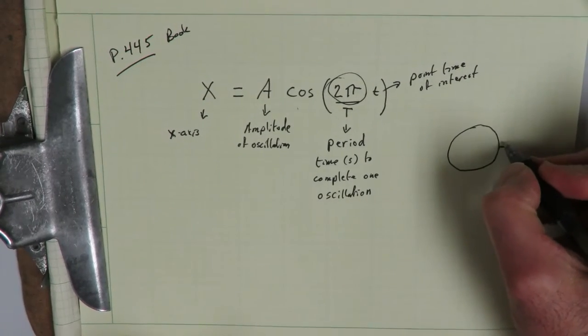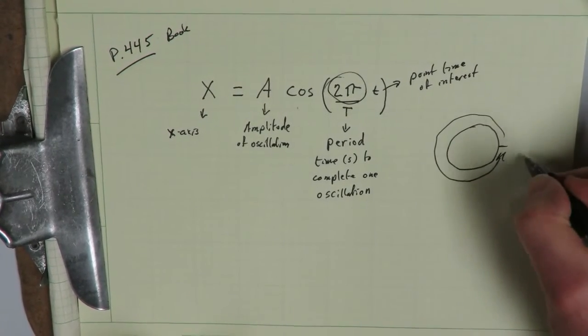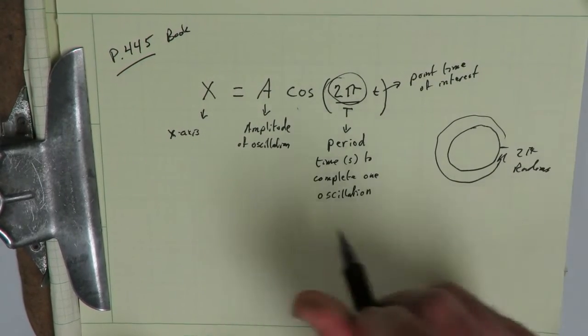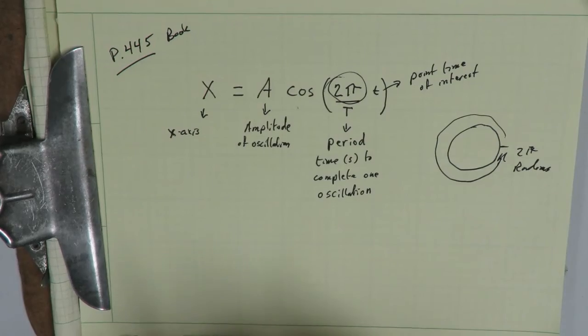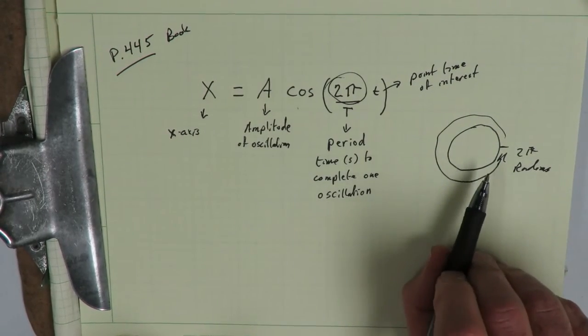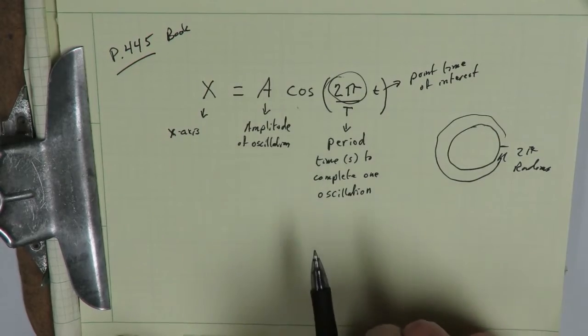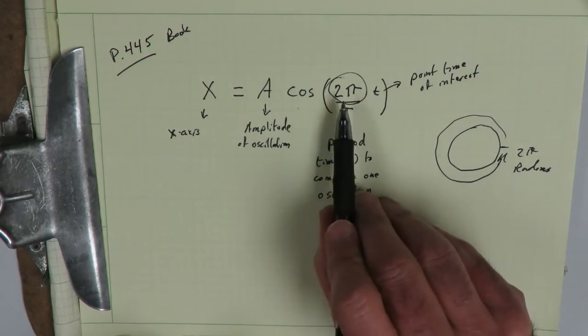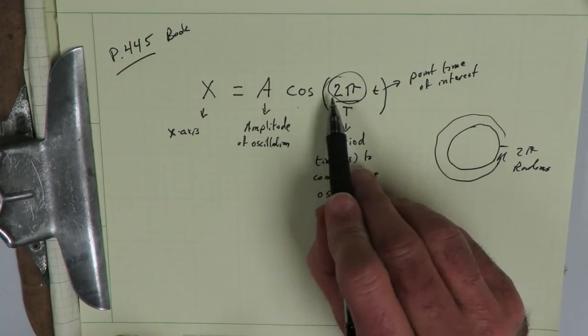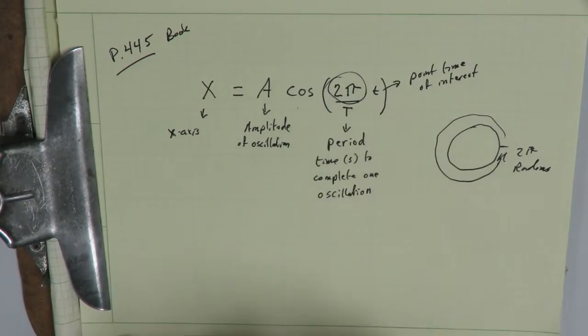If you start here and go all the way around, that's 2 pi radians. And because cosine functions and sine functions are cyclical in nature and can be boiled down to circles, it pops up here as well. So the 2 pi means that we are dealing with something in radians here. This is 2 pi radians per cycle.